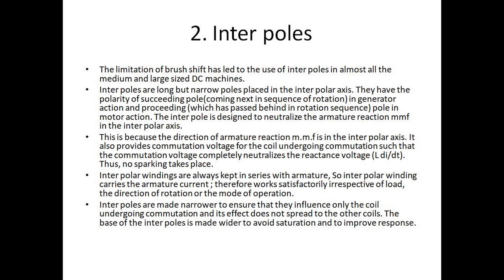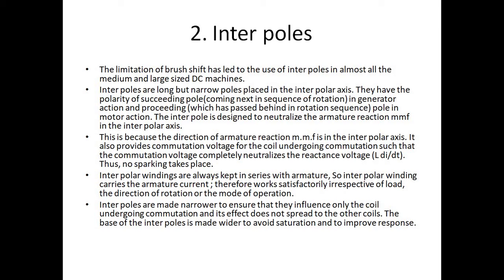Second one, interpoles. The limitation of brush shift has led to the use of interpoles in almost all medium and large sized DC machines. Interpoles are long but narrow poles placed in the interpole axis. They have the polarity of the succeeding pole in DC generator action and the preceding pole in motor action.